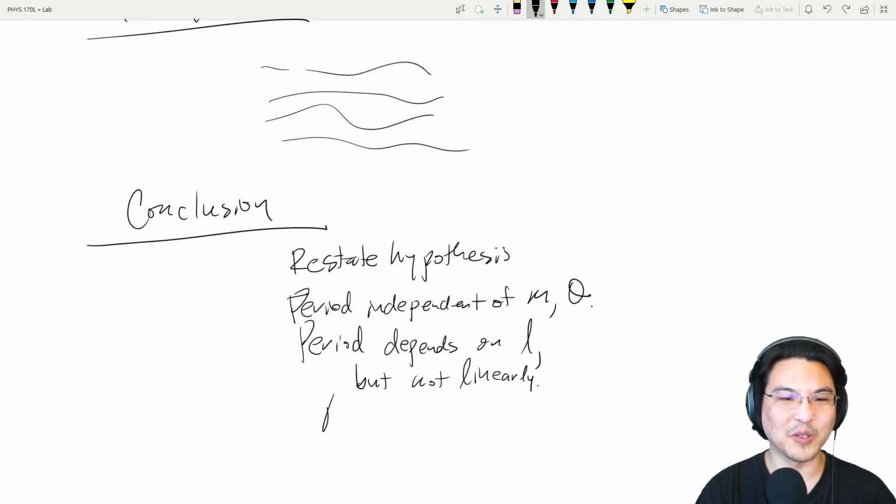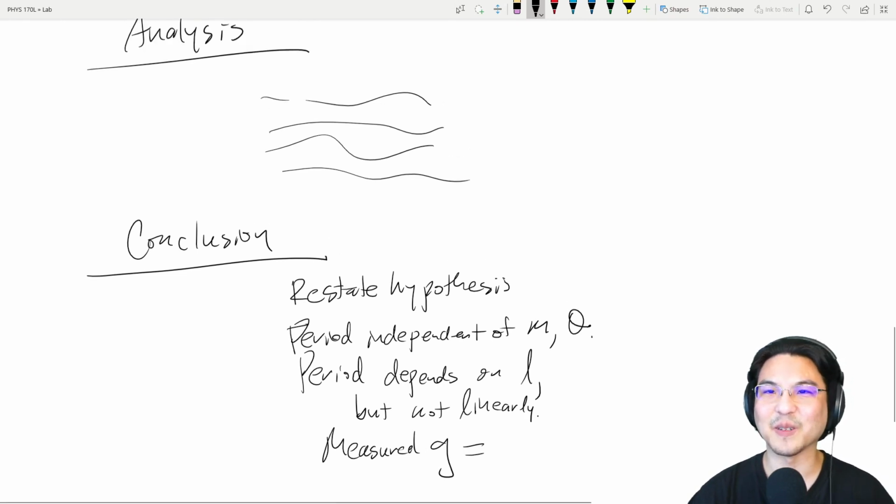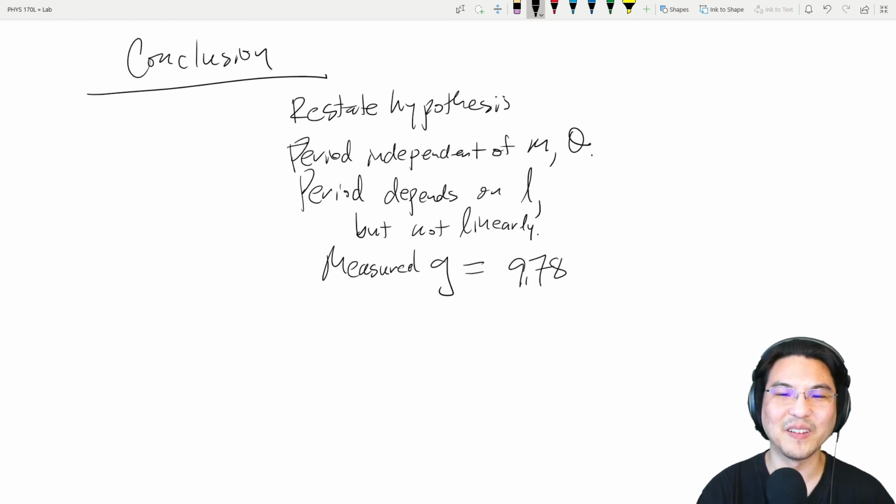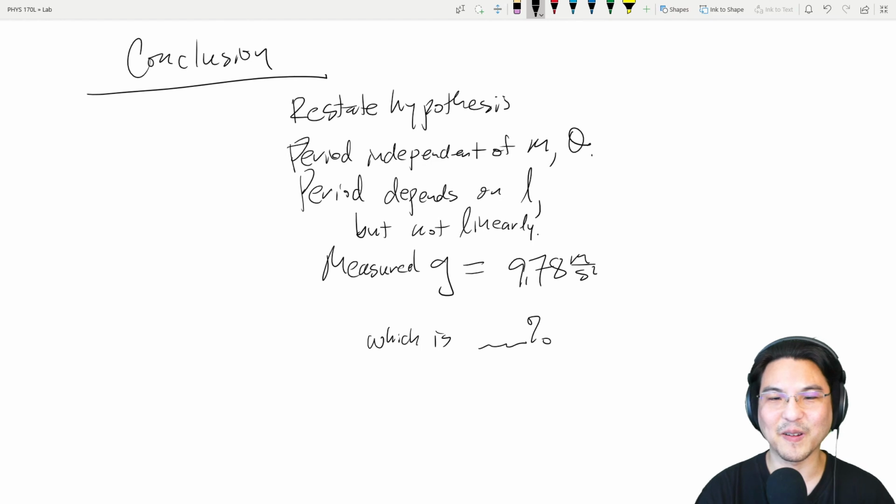And then you measured G, and whatever your answer was, whatever number you got, you just report over here, which is however many percent error. And you're good.